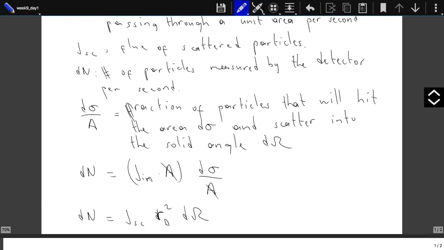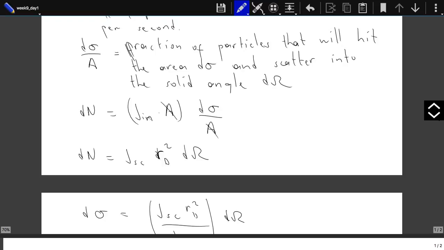So the number of particles per second, dN, that my detector will observe is the number of particles incident on my target per second, multiplied by the fraction that will be scattered into my detector.